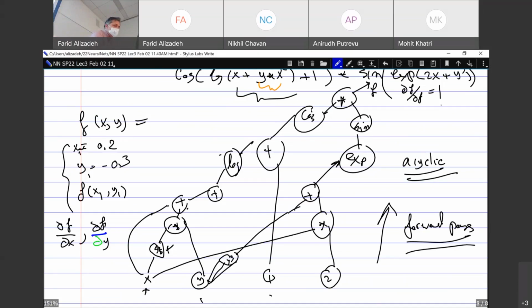Now let's give these intermediate nodes names, like n1, n2, n3, n4, and so on. Each node has a name. Now I want to calculate, for example, let's look at this.